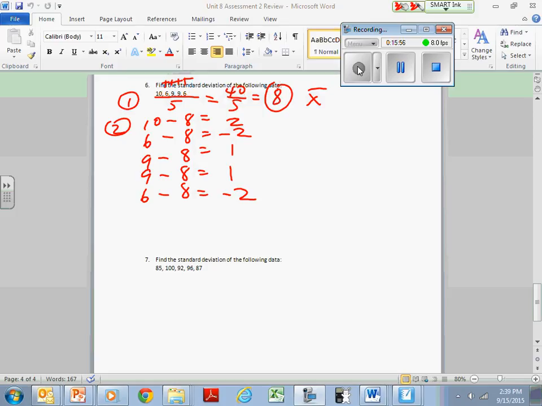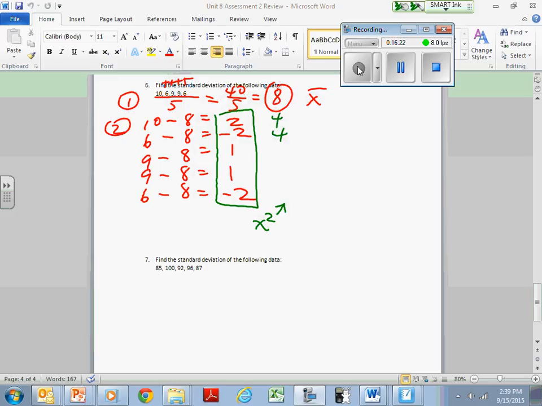Step 3. We're going to square the distance. In other words, take these numbers here, and we're going to square each one of them. I'll put x squared. That's a bad way of writing it, but hopefully they know that whatever the number is, square it. So you become a 4, 4. Not a negative 4.